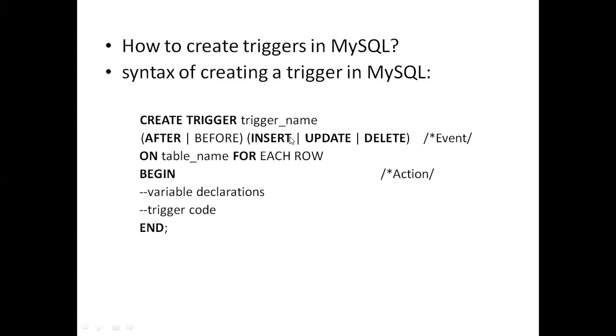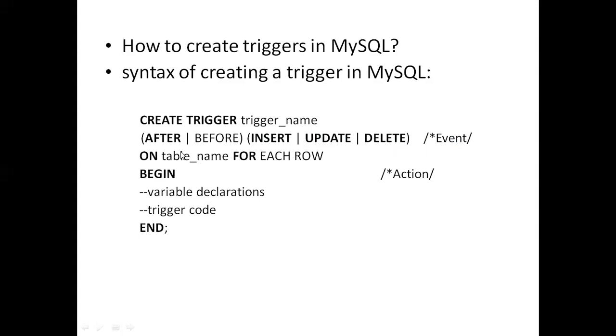Then on which command we are using, whether insert, update or delete. Whatever section of code we are writing here is an event, I can say. So this is called the event part of a trigger.